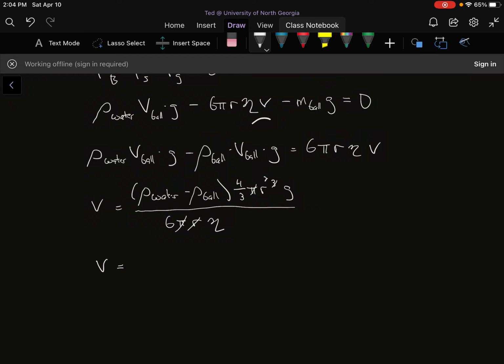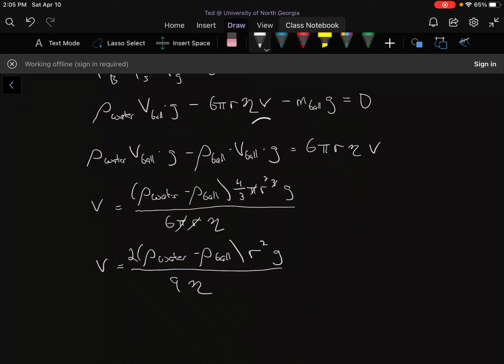V is equal to the density of the water minus the density of the ball times r squared times g, and then that's going to leave me with a 2 in the numerator and a 9 in the denominator.